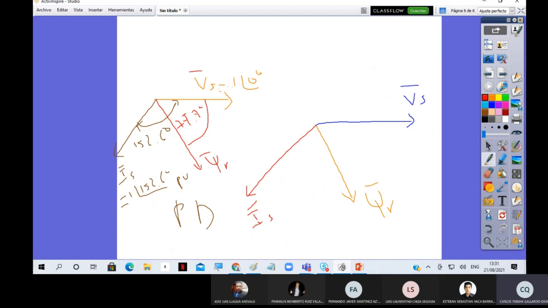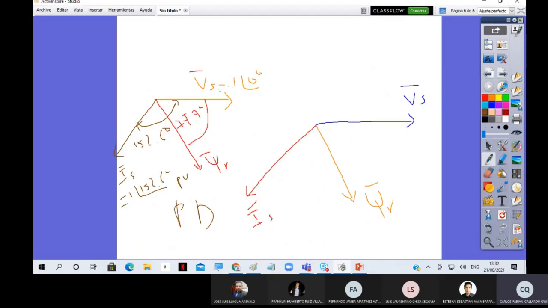So I need a calculation of the stator current in the D axis and the stator current in the Q axis. Therefore, I will link the D axis with the rotor flux.